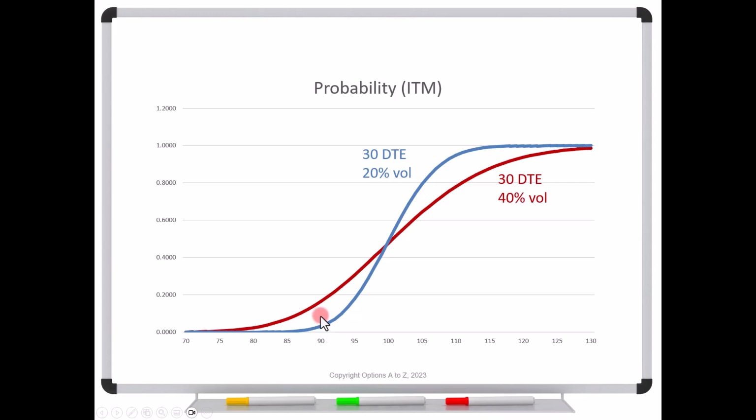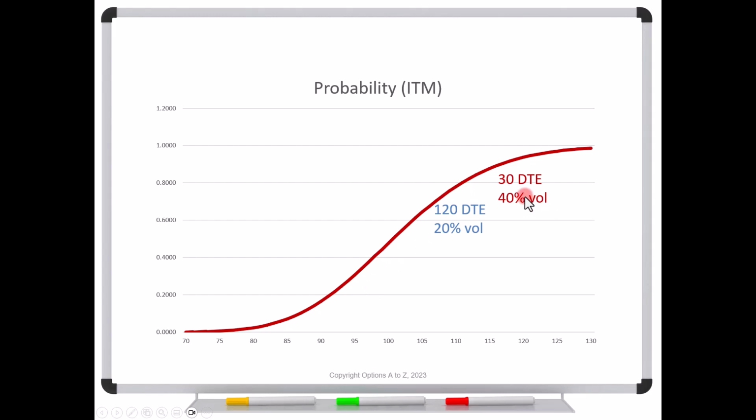But if you've got the 40% volatility stock, still not a great chance, but getting pretty close to 20%. So again, whether these are good or bad depends on your uses and your needs. But if I make this a 120-day option, what's going to happen to this blue curve? It is also going to look exactly like the higher volatility stock. I can make those behave the same.